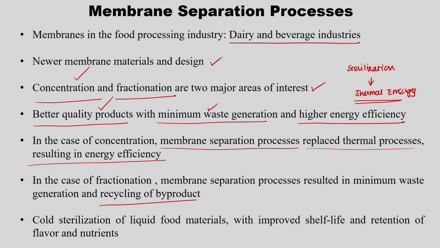For example, if I am removing moisture using thermal energy, the moisture gets evaporated and goes out of the system, but in case of the membrane separation process, whatever permeate or retentate you get, based on your desired one, sometimes your retentate may be the desirable product or sometimes your permeate will be the desired product. So, based on the desired product, the undesired product can be recycled as a byproduct, but that I cannot do in normal thermal processing.